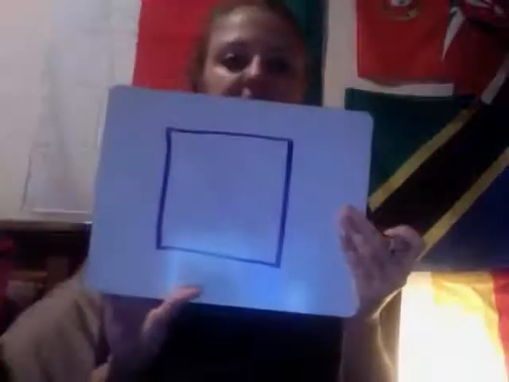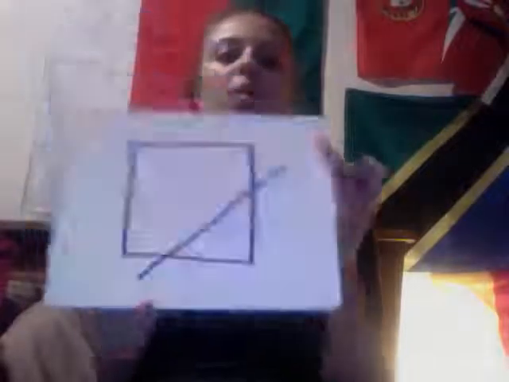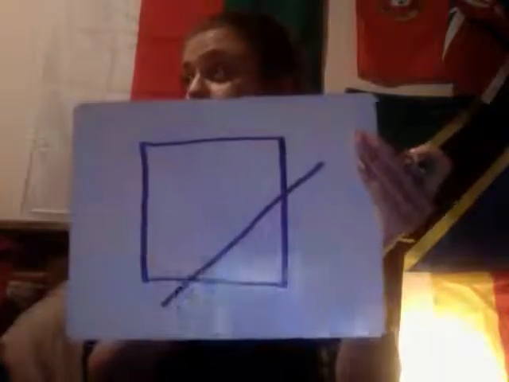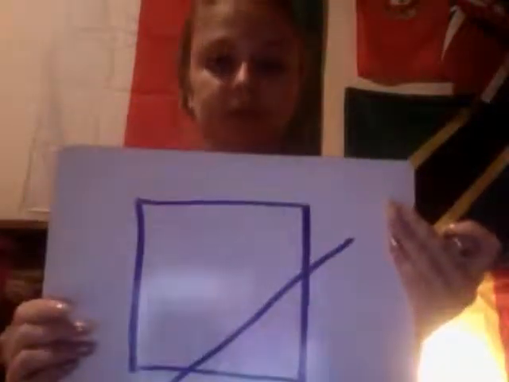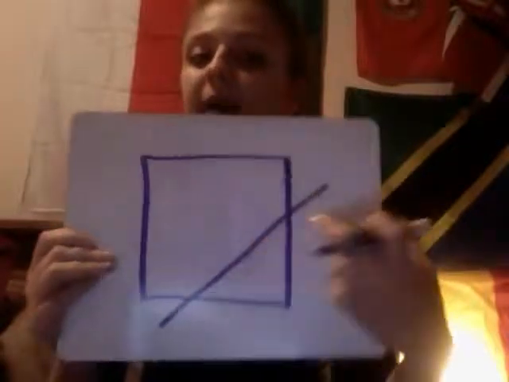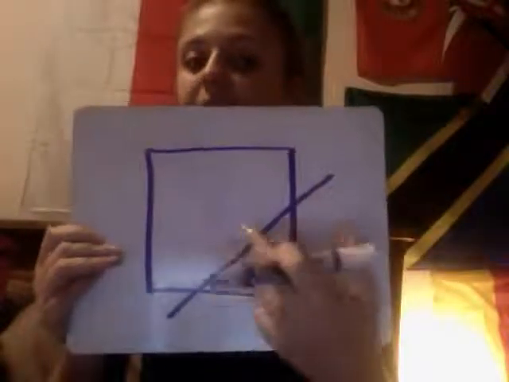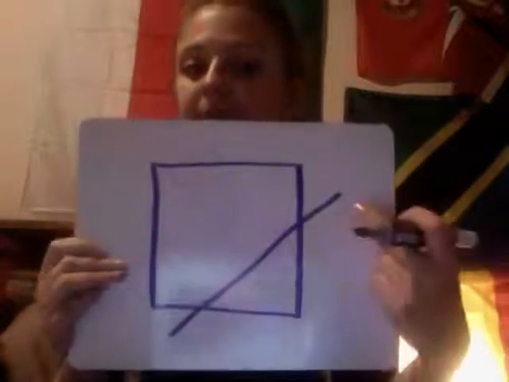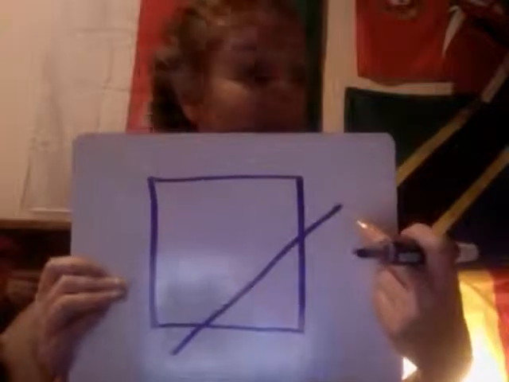Okay, here's my shape. Would this be a line of symmetry? Think. Here's my line. Does it look the same on both sides of the line? Okay, no it doesn't. So no, this is not a line of symmetry.